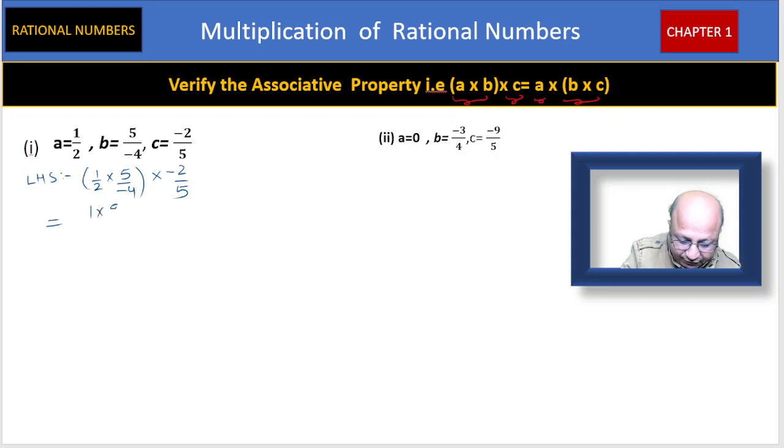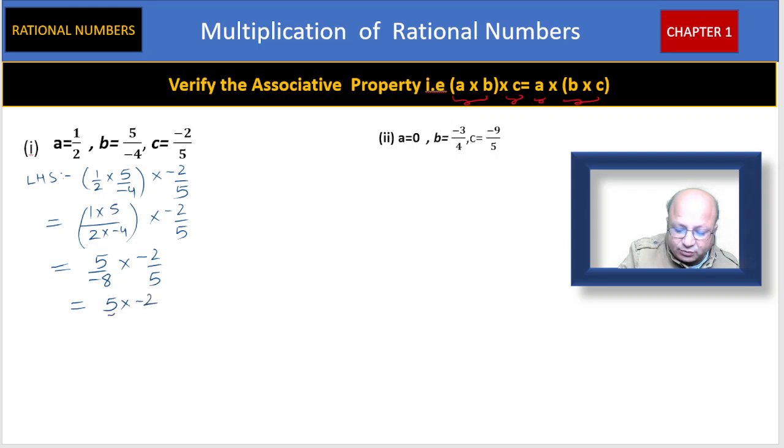1 multiply by 5 upon 2 multiply by minus 4 in bracket multiply by minus 2 upon 5 is equal to 5 upon minus 8 multiply by minus 2 upon 5. So multiply the numerators. 5 multiply by minus 2 is numerator and minus 8 into 5 is the denominator.